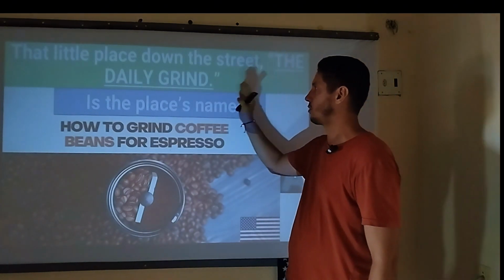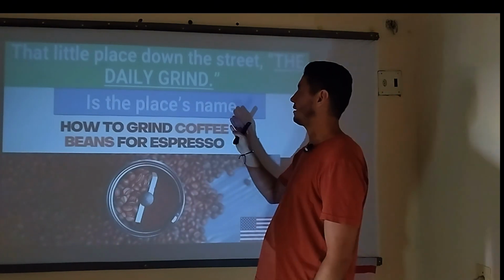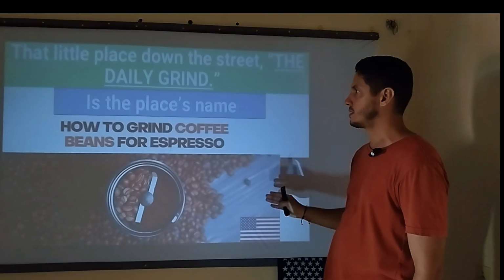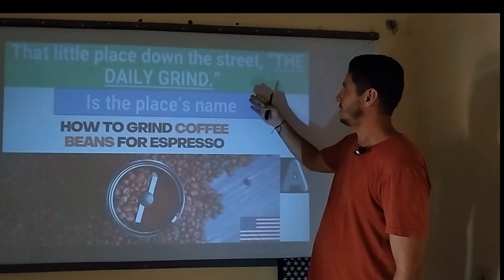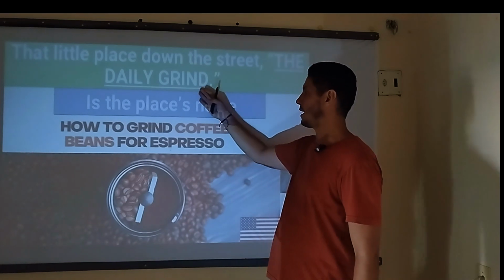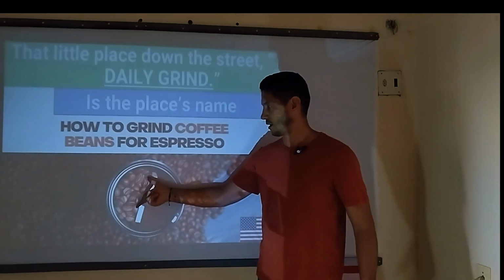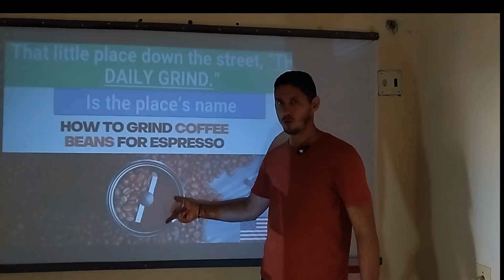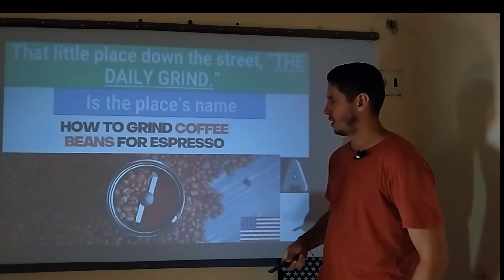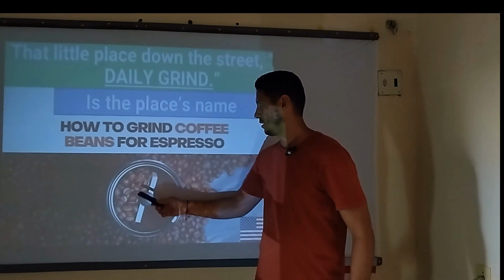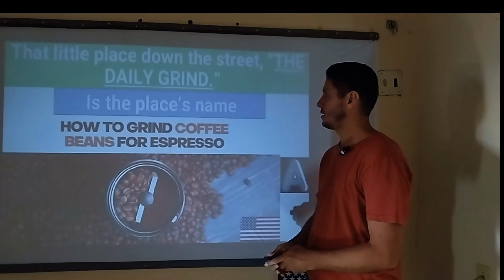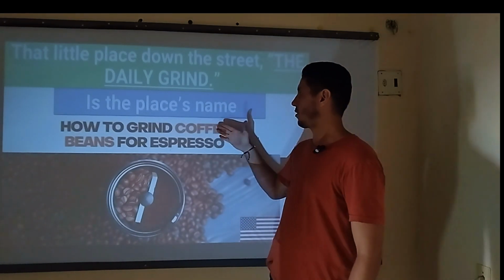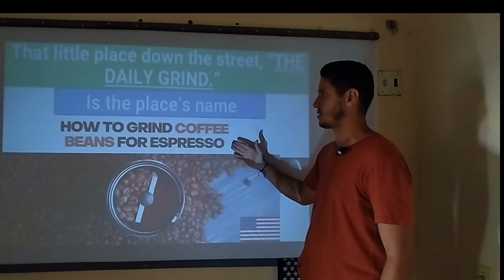The daily grind is the name of the place. What does it mean? Grind is when you turn coffee beans into coffee powder. You have the beans here. After grinding it, you have the powder, alright? So, how to grind coffee beans for espresso?